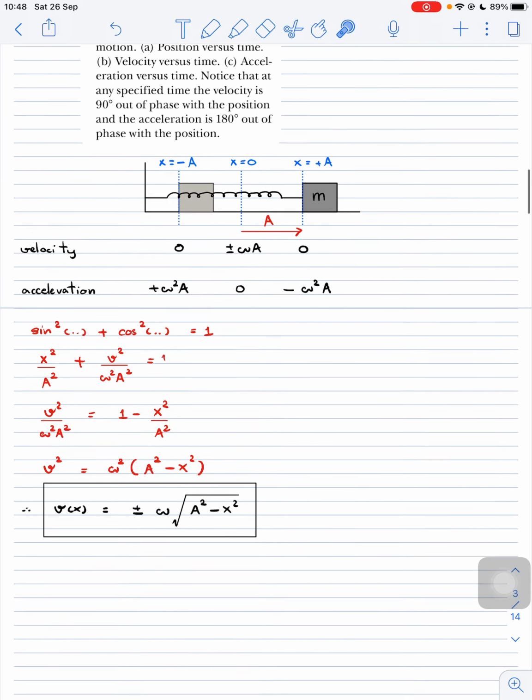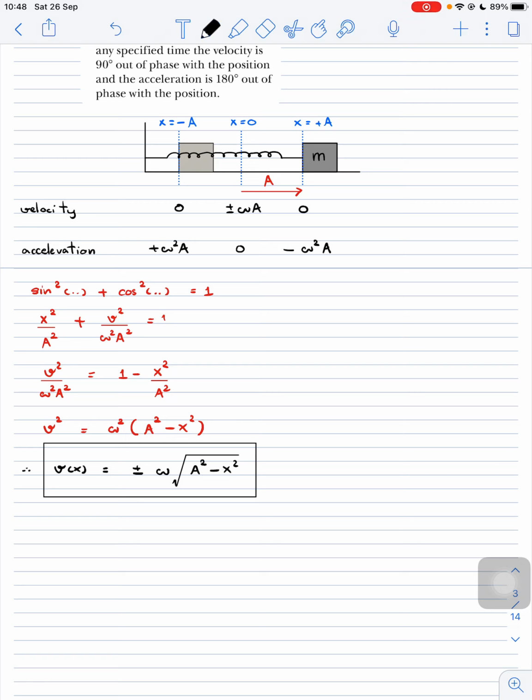Actually, we can check. When x equals 0, you can see that we have the square root of A squared, which is just A. So v equals plus or minus omega times A, the maximum speed at the equilibrium position.